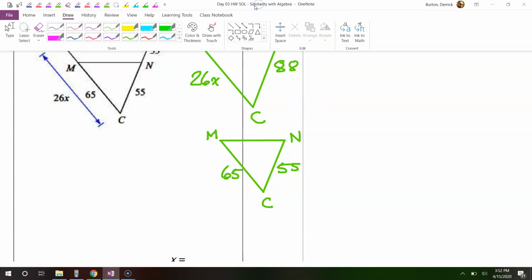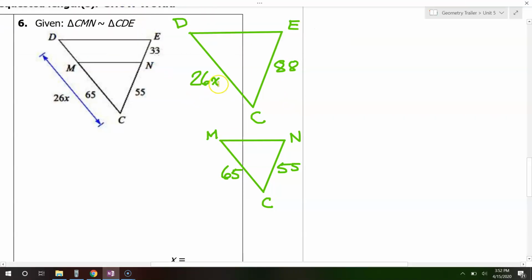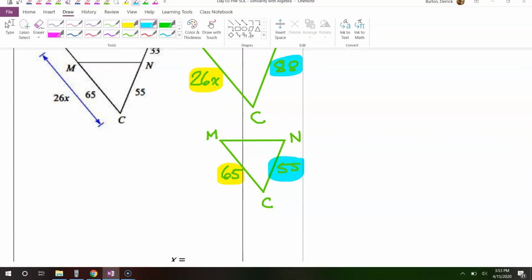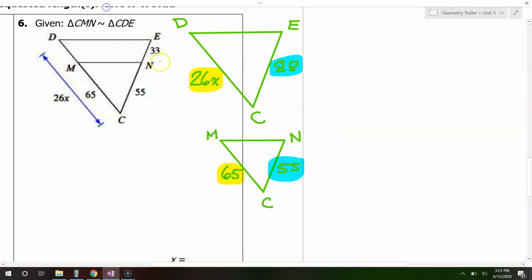Okay, now let's match up the corresponding sides. So obviously these are in the same position, and these are in the same position. Pick one triangle and call it new, and call the other one old. It really doesn't matter which. I usually call the one with the X on it new.